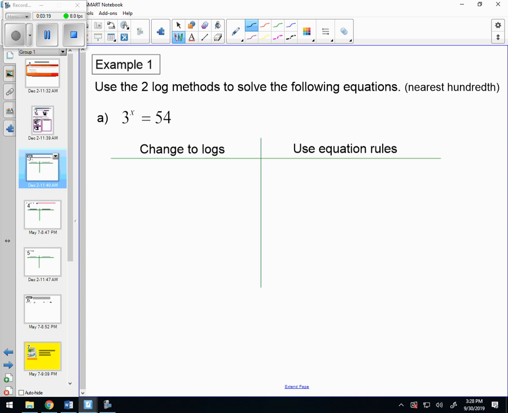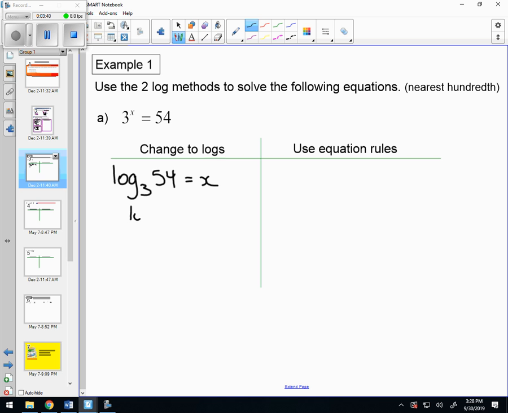Okay, so example number 1. Use the two methods to solve the following equations to the nearest hundredth. So change to logs. Base of my exponent becomes the base of my logarithm, and the exponent becomes my answer.